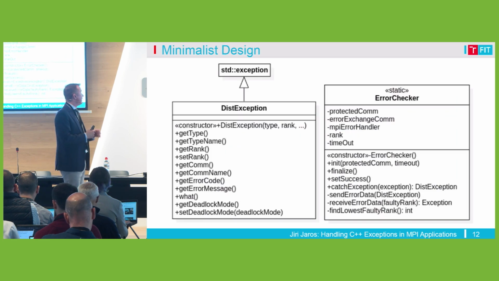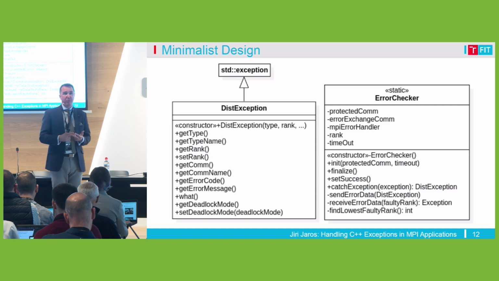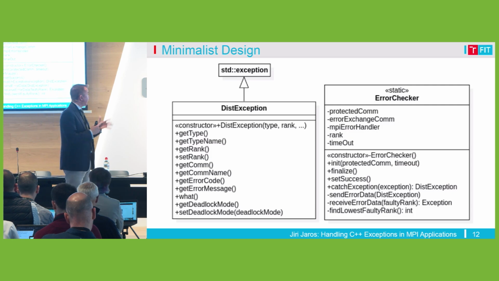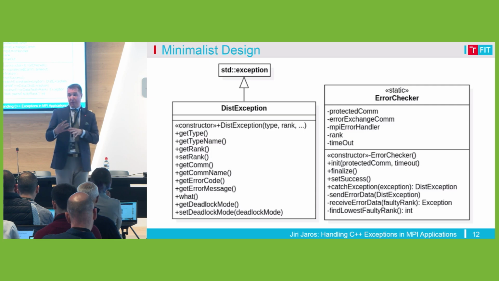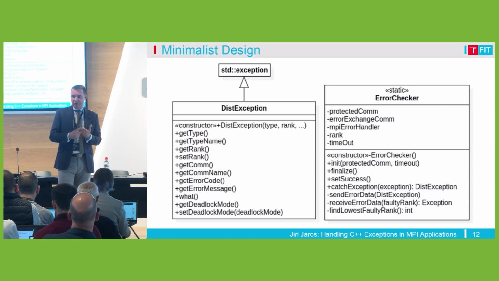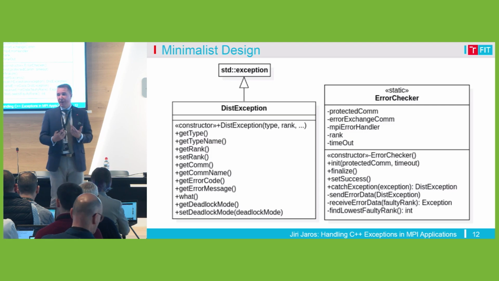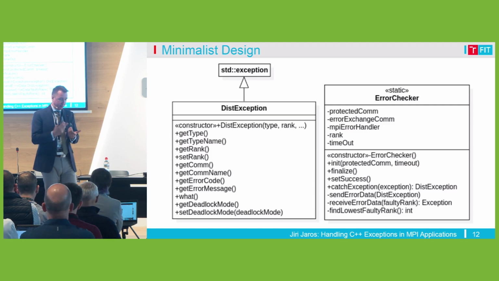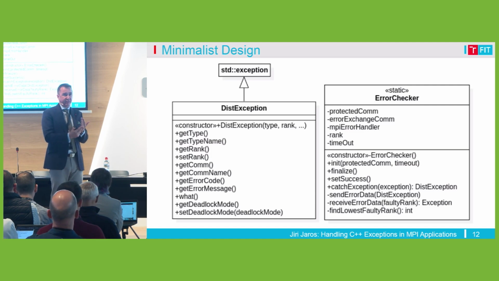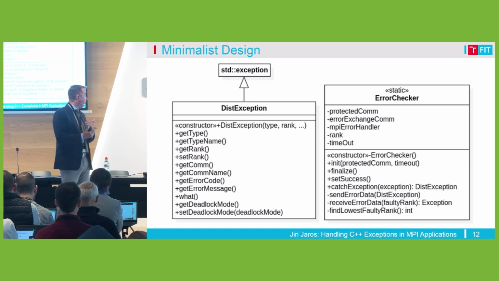So how did I do it? I've got a very minimalistic design composed of just 2 classes. The first one is a descendant of the C++ standard exception class and just adds some other information about the problem that happened. The first piece of information I always want to know is the type of the error. It makes it easier to parse what happened, and these types can be customized, so you can have MPI errors, system C++ errors, say solver errors, data I/O errors, and so on.